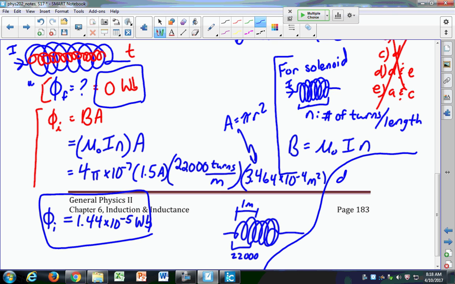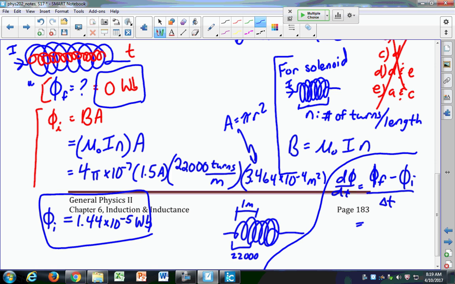So now I want to calculate my change in flux. That's d phi dt, and that's equal to phi final minus phi initial divided by delta t. That's what dt is. It's just an increment of time.